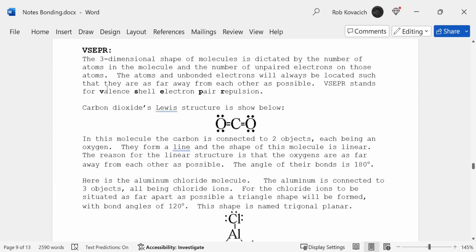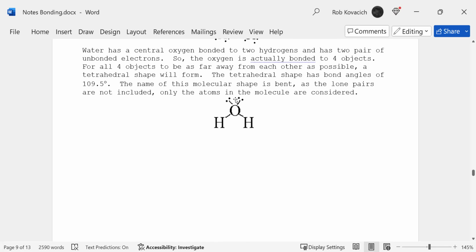Remember, this section is called valence shell electron pair repulsion. So these electrons in this Lewis structure push those electrons, and those electrons also push those electrons. So what I have is a central atom, the oxygen, with four things around it. Two of the things are atoms, and two of the things are lone pairs of electrons.